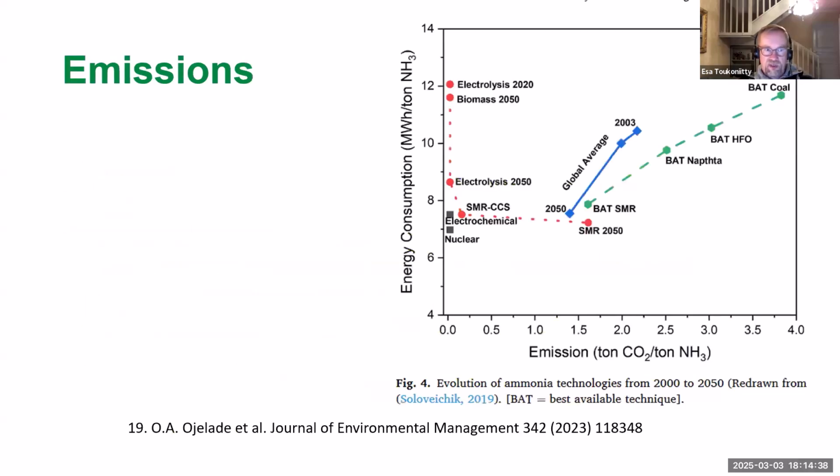I took this from article number 19. Here is something related to BAT, best available techniques, so what has been achievable at certain times and how much CO2 emissions are produced per one unit of ammonia being generated.